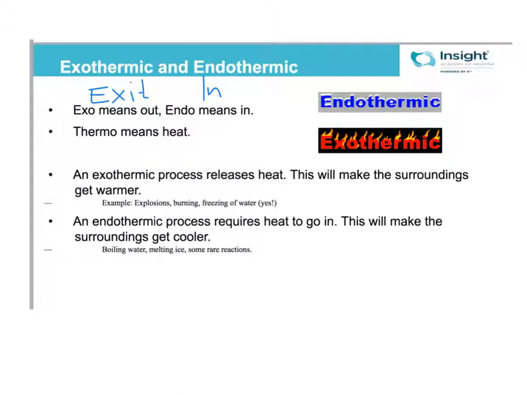Now, the trick is remembering what direction things go. When you talk about these things, you're going to have a system. That might be melting water, or melting ice. Or it might be a reaction. That's your system.